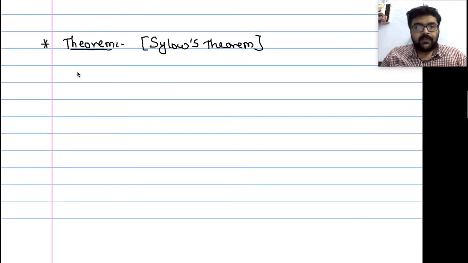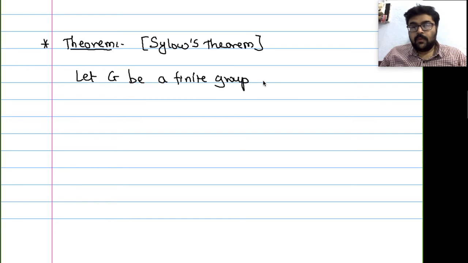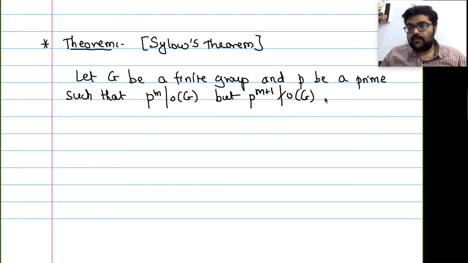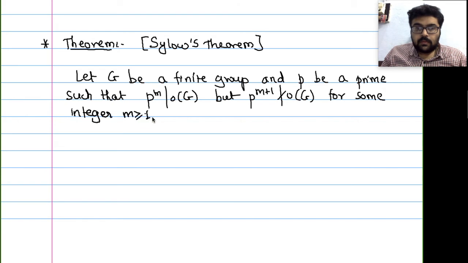The statement is this: let G be a finite group and p be a prime such that p^m divides order of G, but p^{m+1} does not divide order of G, for some integer m greater than or equal to 1.